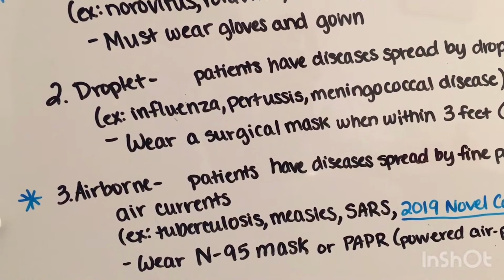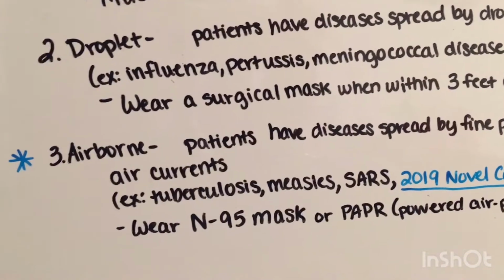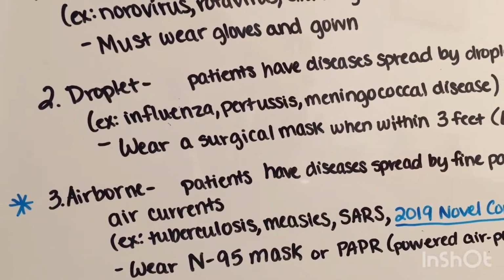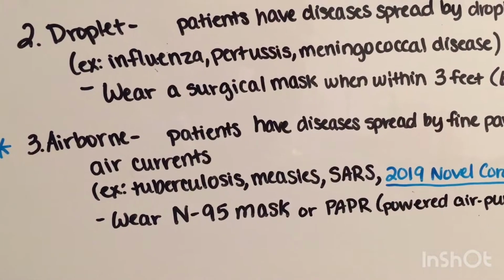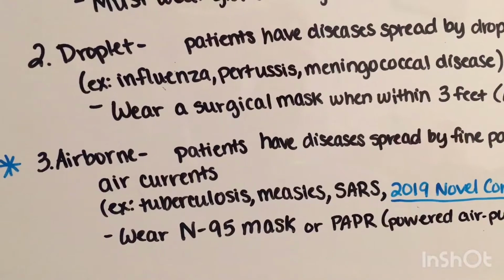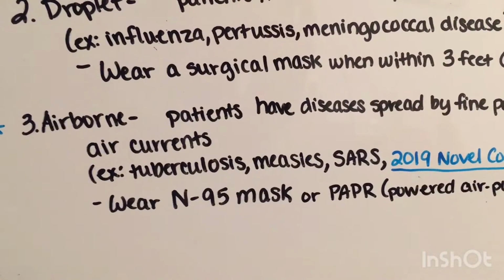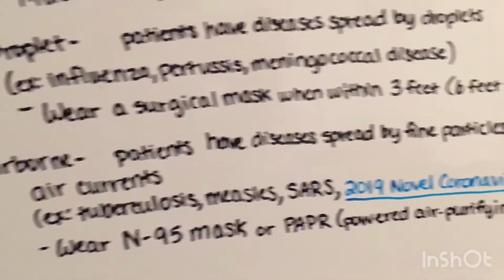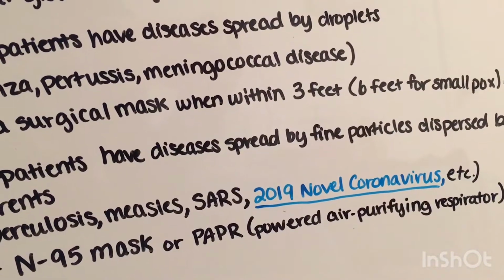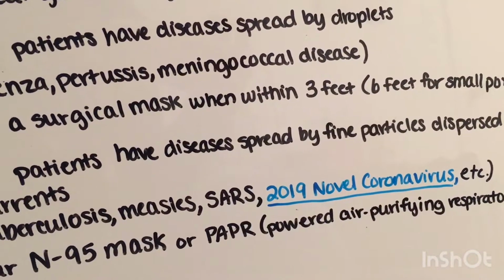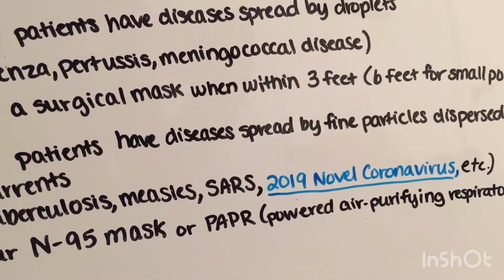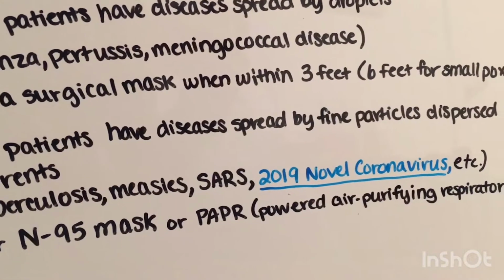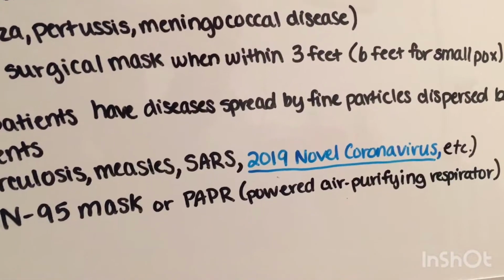Airborne diseases are very infectious, way more infectious than the droplet. So it's serious because there's a lot of contagious diseases that can be airborne. For example, tuberculosis, measles, SARS, and according to the CDC, the novel coronavirus is also airborne, which is bad when you're trying to contain the spread of a virus.